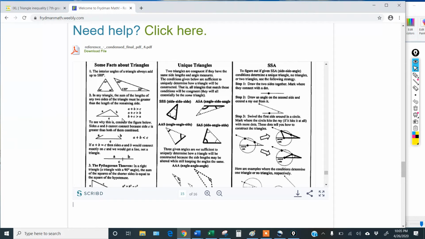Again, in particular, we're going to be interested in adding the two shorter sides to make sure that they are longer than the longest side.